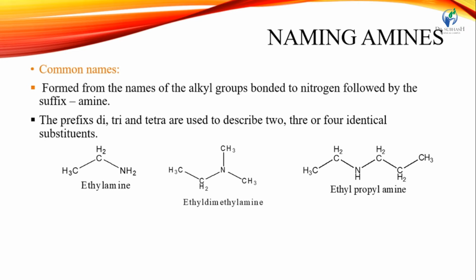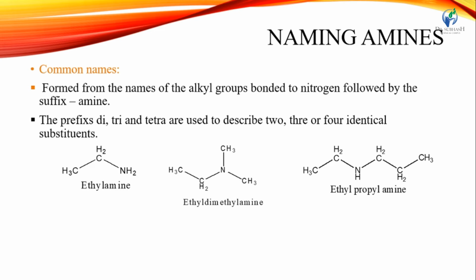Nomenclature of aliphatic amines starts with common names. The rule of the common naming system: first, the name is formed from the names of the alkyl groups bonded to the nitrogen, followed by the suffix amine.